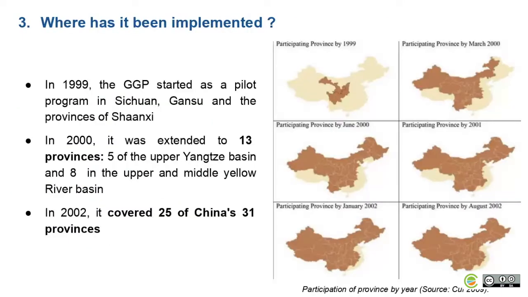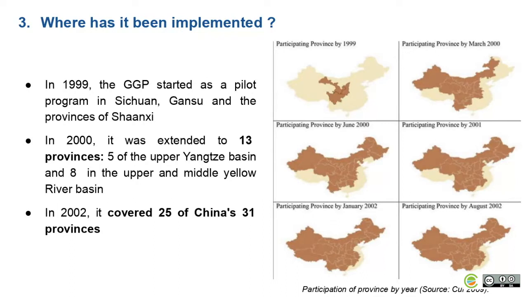Okay, for the spatial distribution, or the area where the project has been implemented, we can see in the first map that when it was launched in 1999, it occupied only some provinces in the center of China. During that year, it was limited to a small area because it was managed only by the local government.